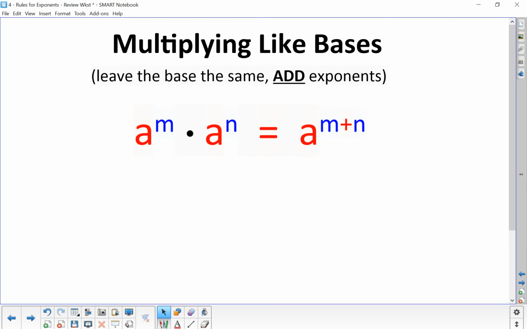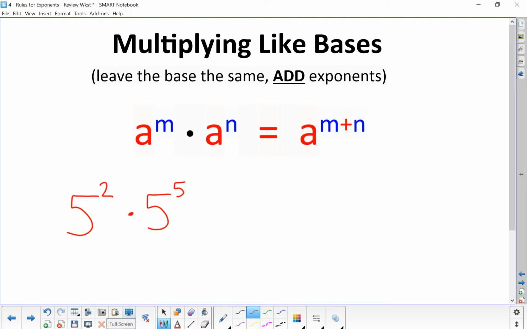So if I had a base of 5 and a power of 2, and I was multiplying that by another base of 5 to the power of 5, then I would keep this base the same, and I would add these two exponents together. So 5 to the second power times 5 to the fifth power is 5 to the seventh power.